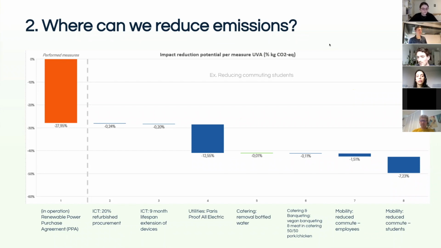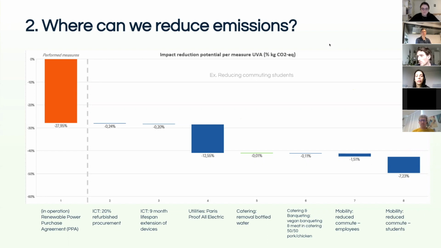Then we have the catering and banqueting department, something that is really visible, of course, to the employees, but also to visiting lecturers or other parties that can visit the university. But what we saw, although it's being pushed really hard by the management and also employees that focus on this, is that one of the measures, removing the bottled water from the vending machines, has very little effect on the overall footprint.